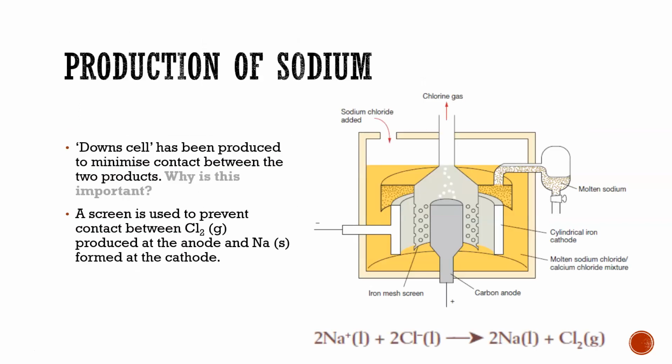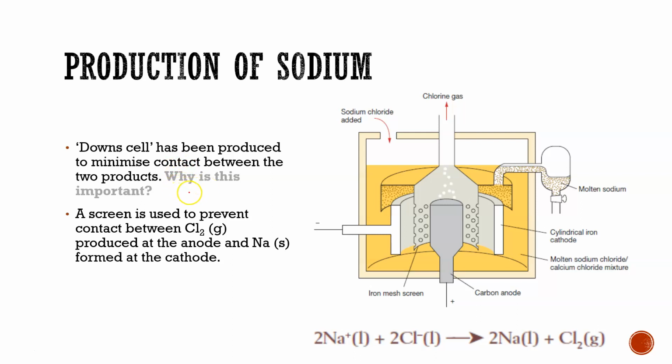The first one that we're going to look at, we don't need to know these cells in detail anymore. If you look at older exams, it was needed to memorize each of these cells. But you should be able to identify the anode and the cathode from a given description and the products, and therefore the half equations that are going to occur. Sodium is produced in what we call a Downs cell, and it is constructed to minimize the contact between the two products.